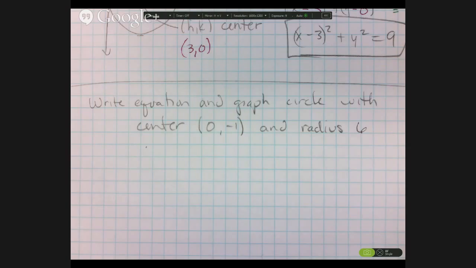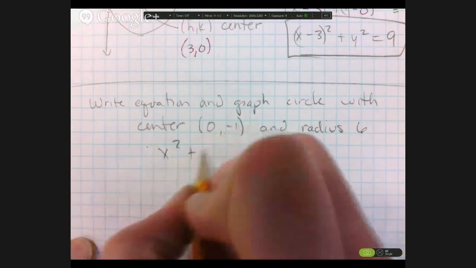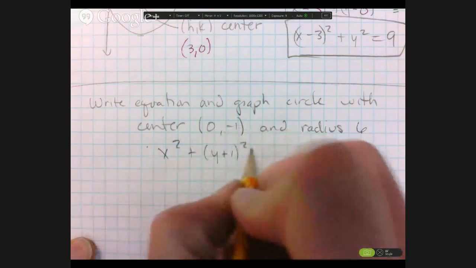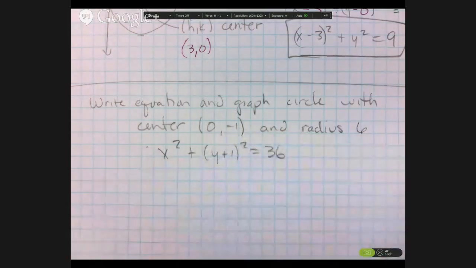Sure. Okay. Matt Cornelius. What's the equation? X squared plus y squared equals 36. Anybody disagree? No. Okay, and the graph?